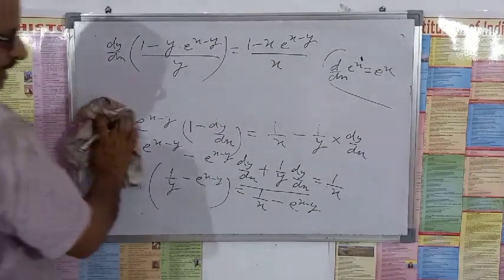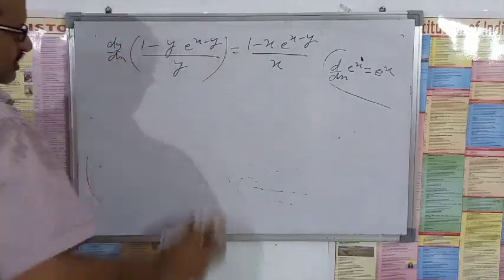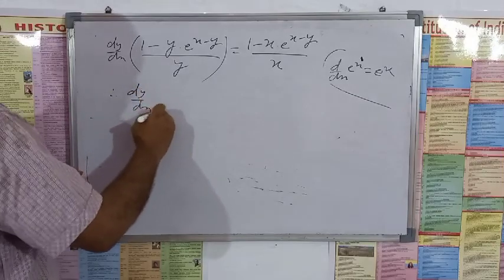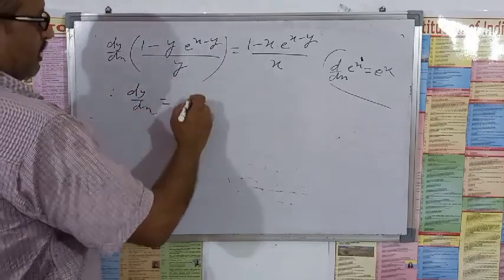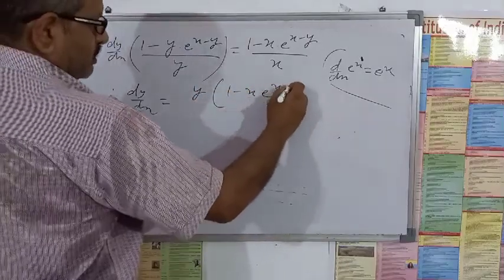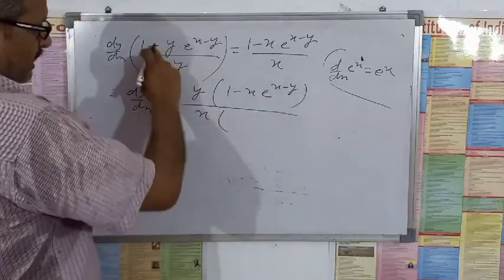So what will be dy by dx? Cross multiply by y, it will be y into 1 minus x e to the power x minus y upon x, and divide by this.